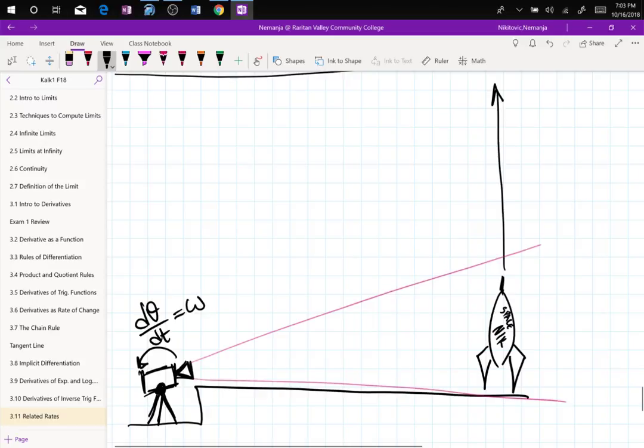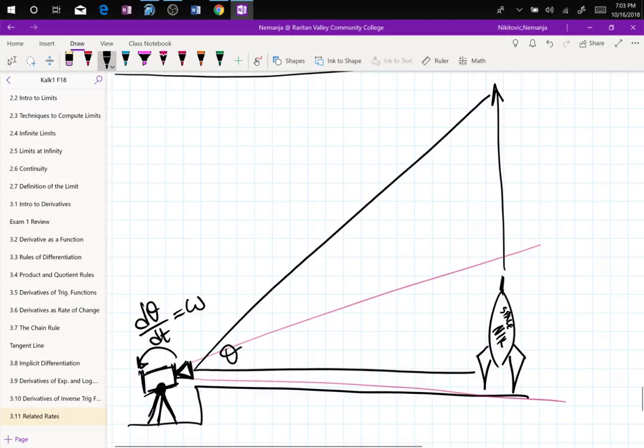So observe what's happening. This is the level shot here, and then eventually there will be some angle theta. We are trying to turn this, so that's our d theta dt in time.